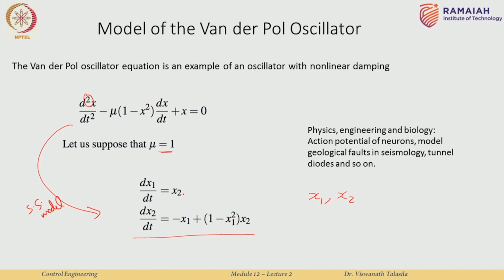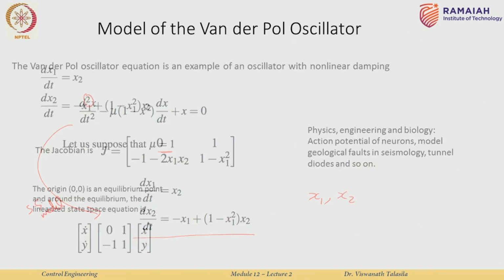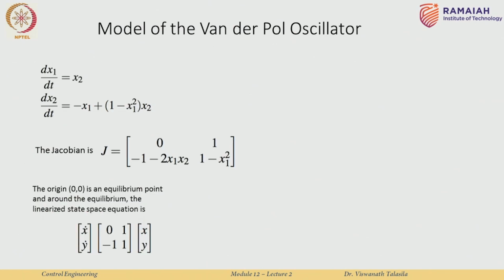Now, dx1 by dt is x2, dx2 by dt is this one. Okay, let us see what we can do with this. So, we have the model here which I am recalling in these two expressions, and for this we can compute the Jacobian. Now, because it is a second order state space system, we will have a 2 cross 2 Jacobian.